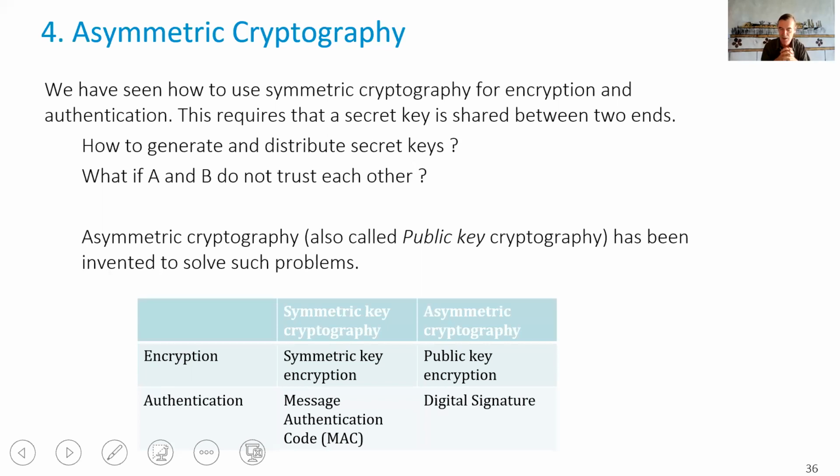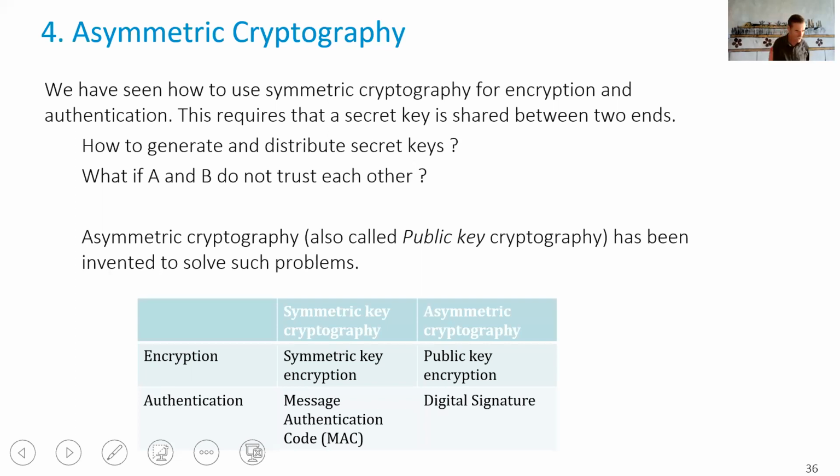For that, symmetric cryptography does not provide a solution, because symmetric cryptography always requires that the two ends know the secret key. But there is a silver bullet, a magic thing called asymmetric cryptography, also called public key cryptography, that solves the problem. With asymmetric cryptography, the keys are not the same on the two ends, for encryption and decryption.